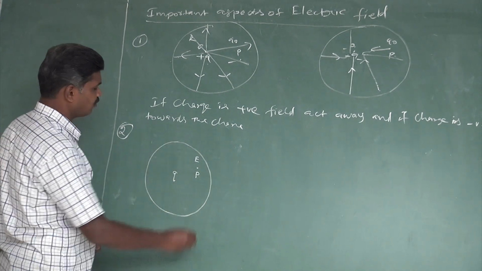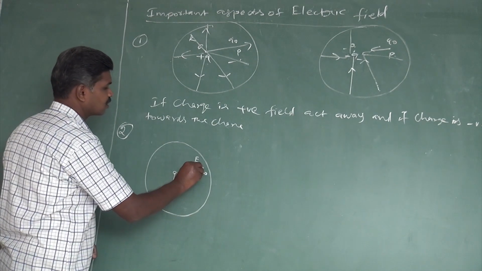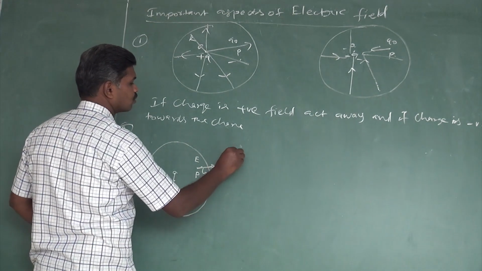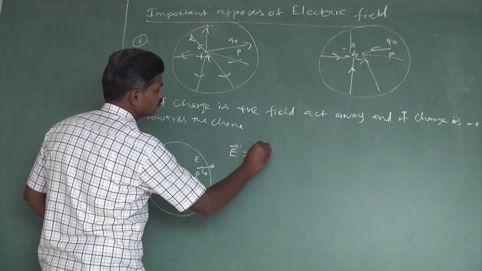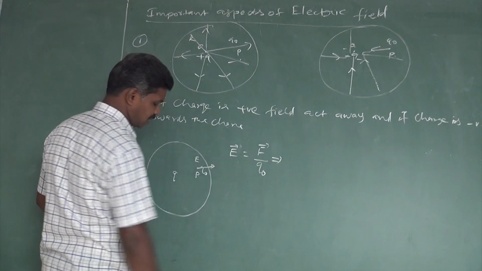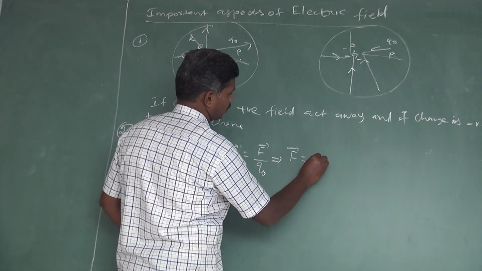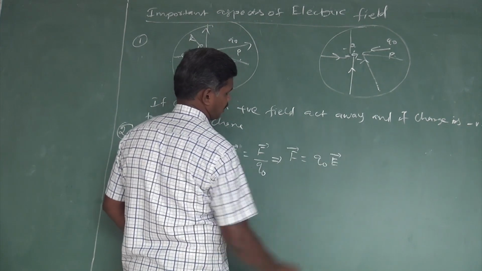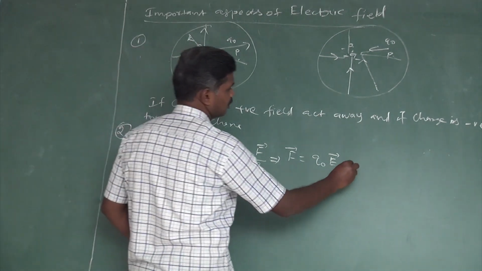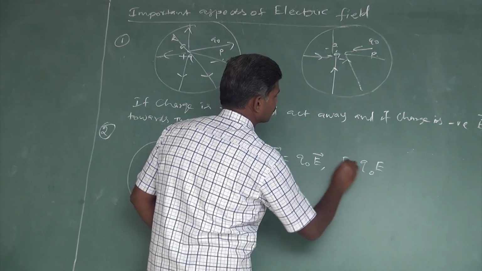In that field, if we place that Q0 charge, the force is acting away. We already know E vector is equal to F vector divided by Q0, and in the same manner we can rearrange it: F vector equals Q0 into E vector. If we want to find the magnitude alone, we can take the modulus: F is equal to Q0 into E.